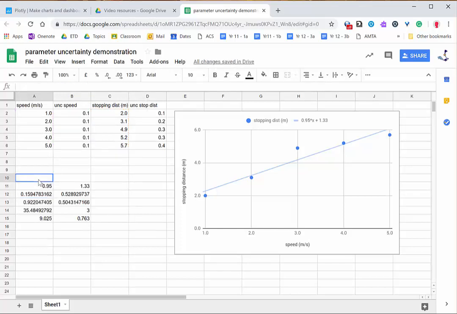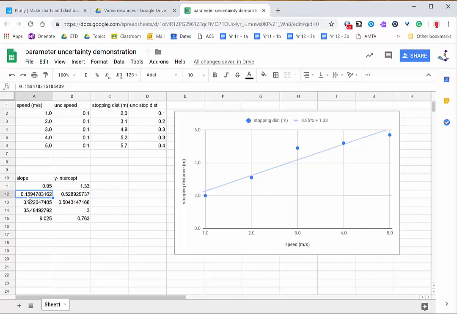Now, you can see, because of the matchup of values, that this value here is 0.95. So we're going to just write slope in here to remind us. And this one, 1.33, is our y-intercept. All this other stuff under here tells you something about the statistics of the analysis. But the one thing that we are interested in here is this second line. This is called the standard error of the least squares regression.